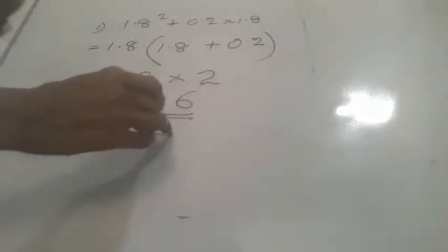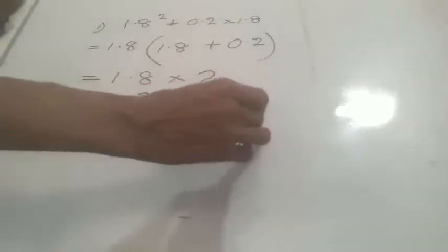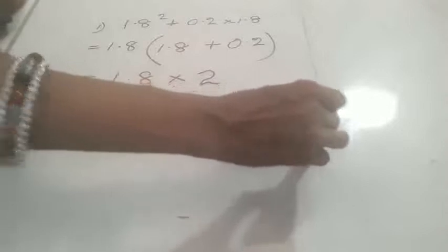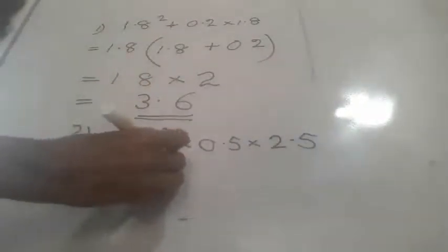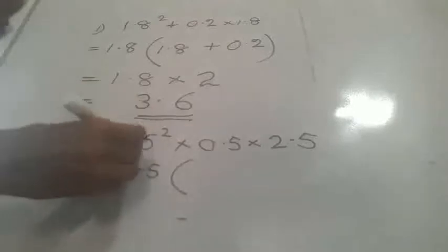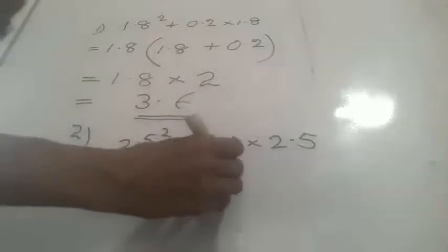Second one. 2.5 squared plus 0.5 times 2.5. Here 2.5 is a common factor. 2.5 squared divided by 2.5 is 2.5.